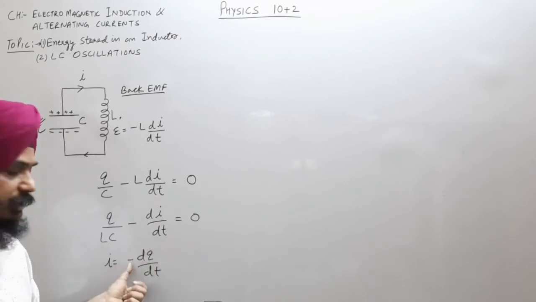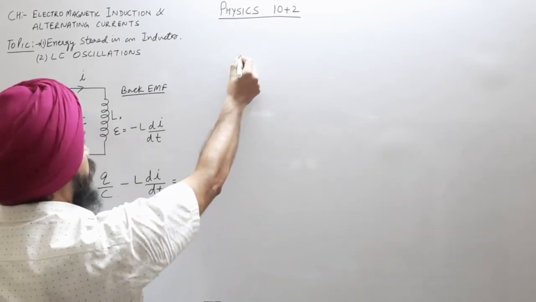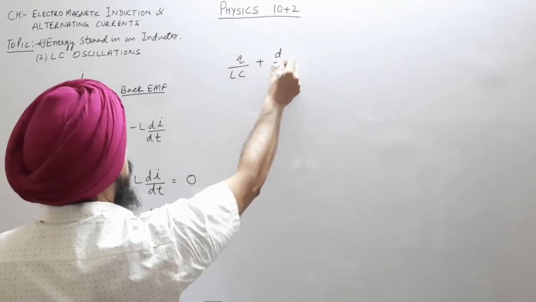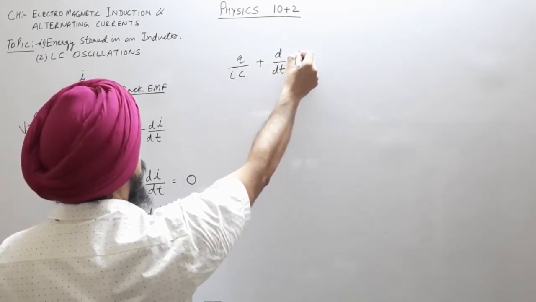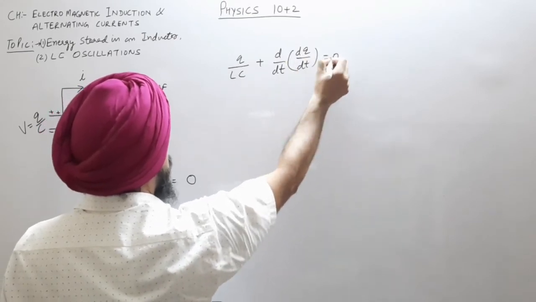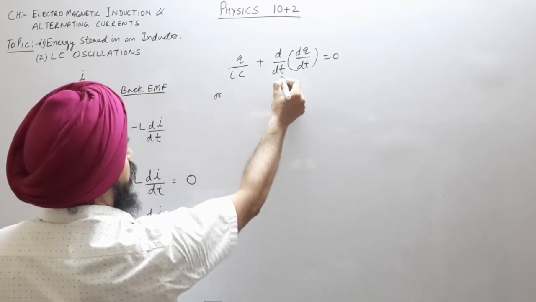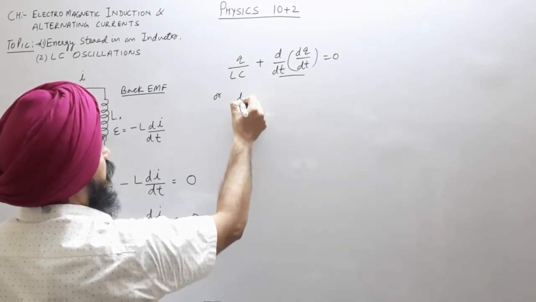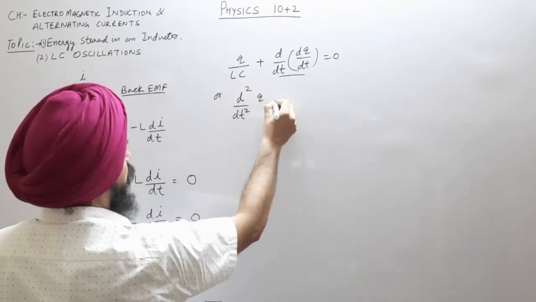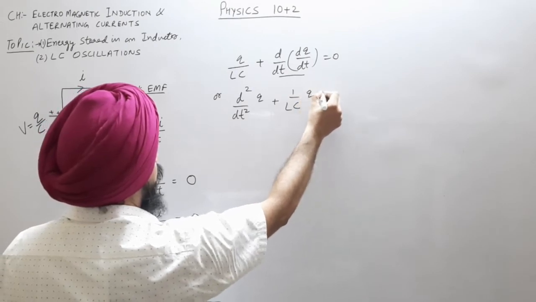So that's why there is a negative sign. So putting this value over here, we get Q upon LC plus d upon dt of dq upon dt equals 0. Or we may write it as d square upon dt square of q plus 1 upon LC of q equals 0.